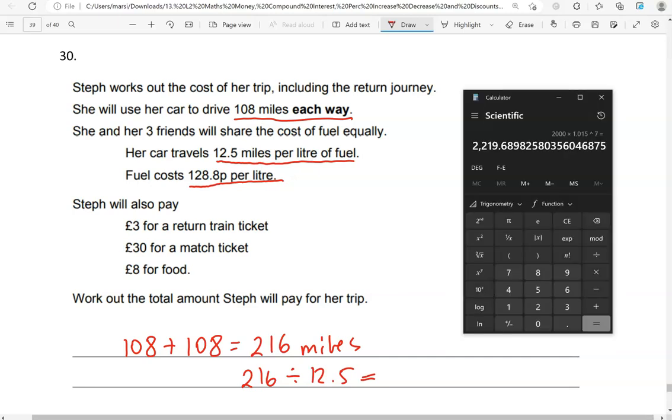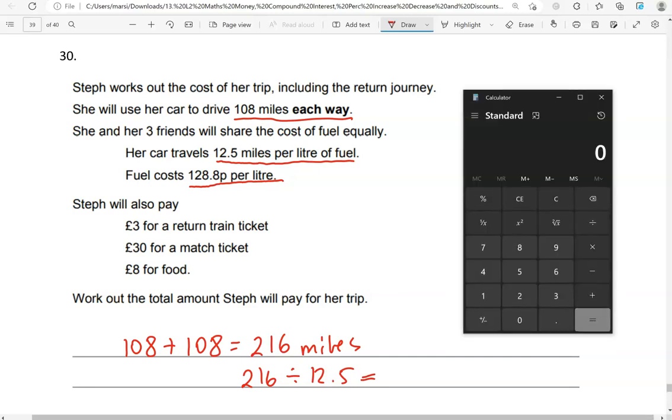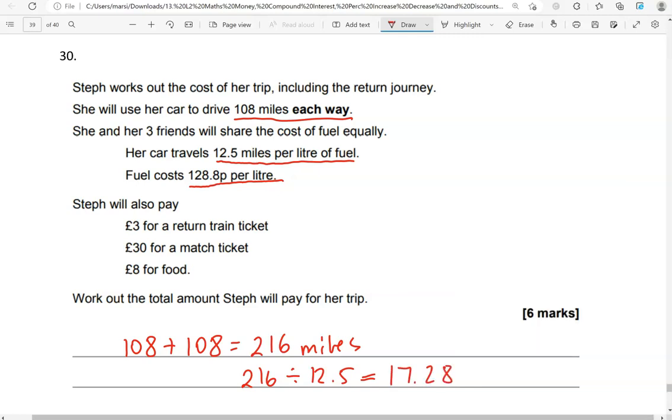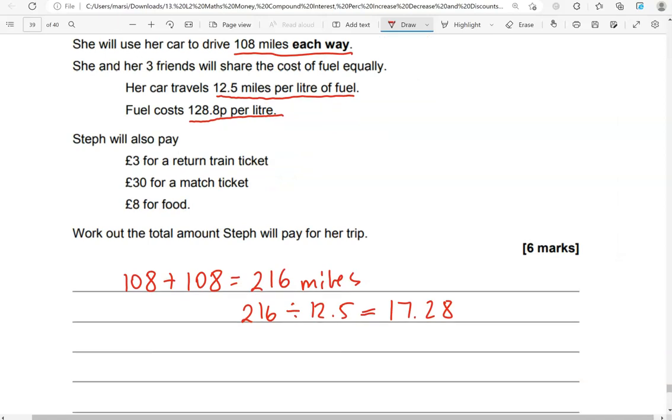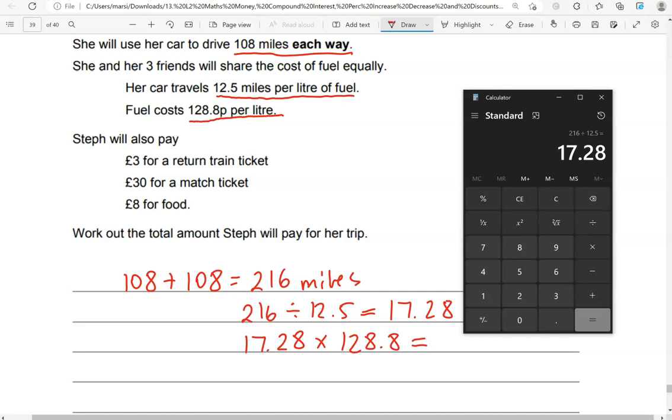So 216 divided by 12.5 gives us 17.28. So that is how many litres. 17.28 now, multiplied by 128.8 should give us the cost in pence.